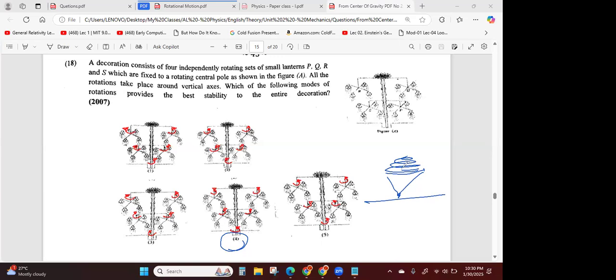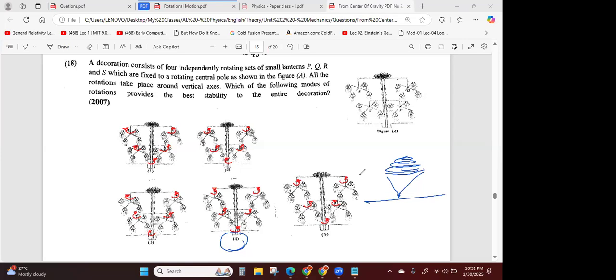Is a top more stable at high angular velocity or low angular velocity? It is the same as the bicycle now.